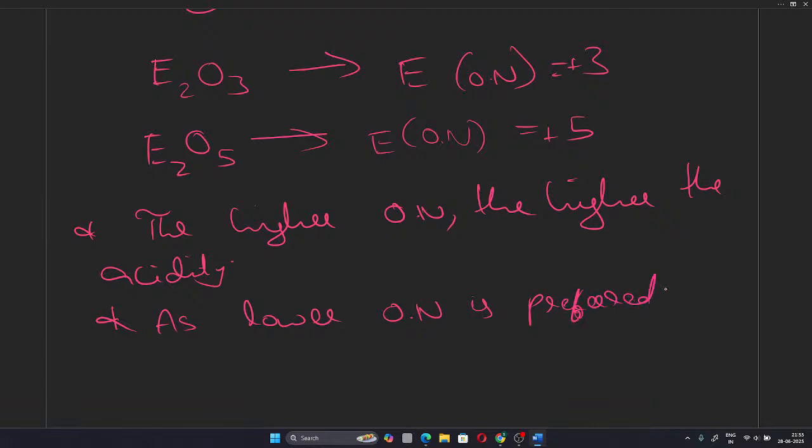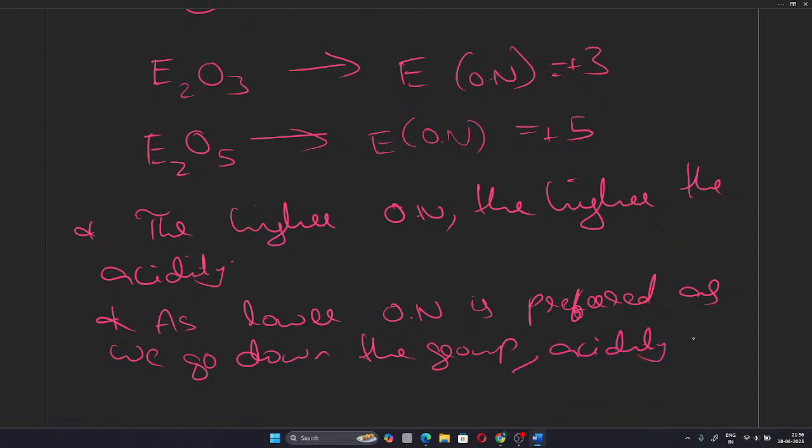I wrote it wrong. As we go down the group, acidity of the oxides decreases down the group.